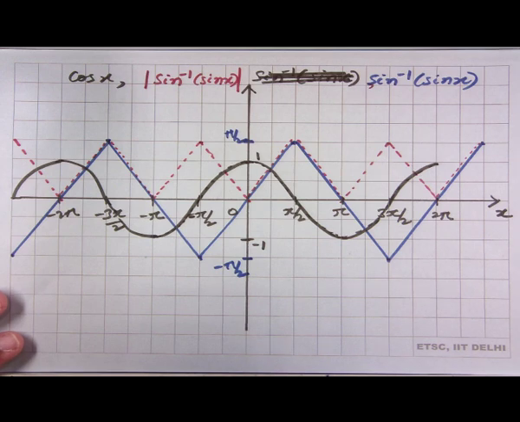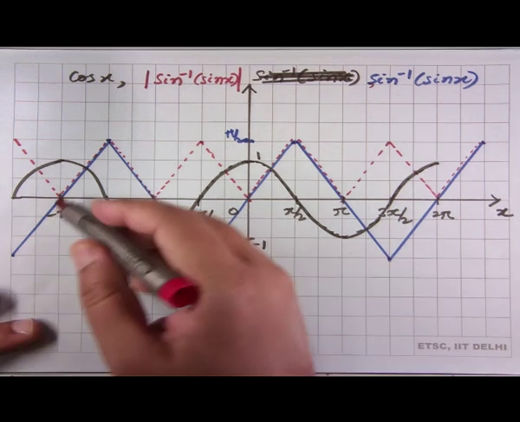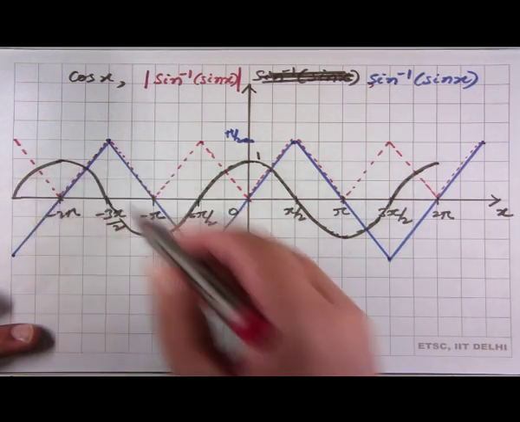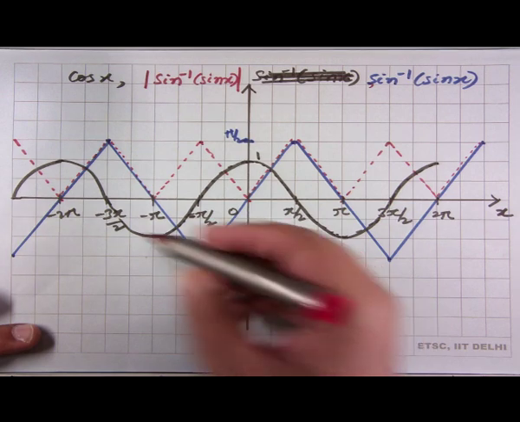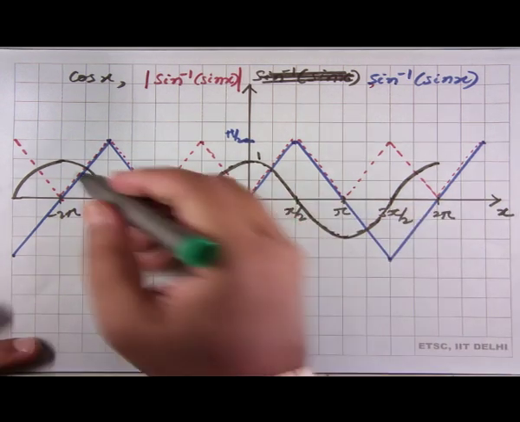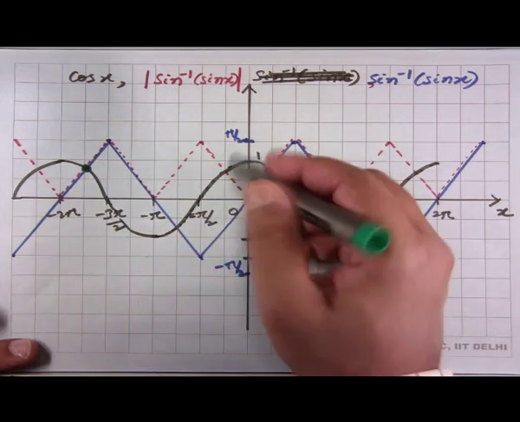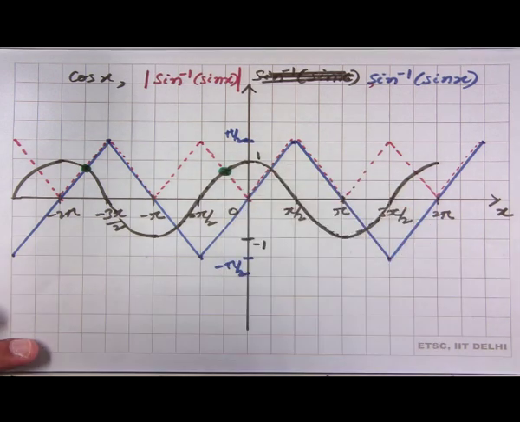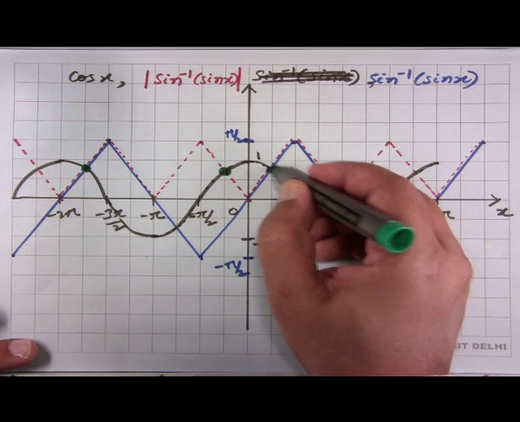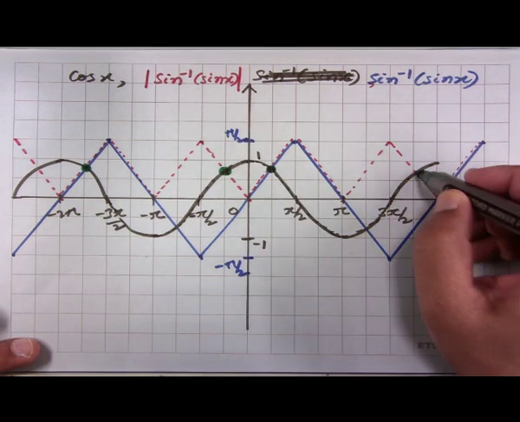And now what we have to ultimately find out is the places where the red dotted curve and the black curve are intersecting. So the first place is over here, and then the second place is here, and then immediately we get another point over here, and then we get the last point over here.